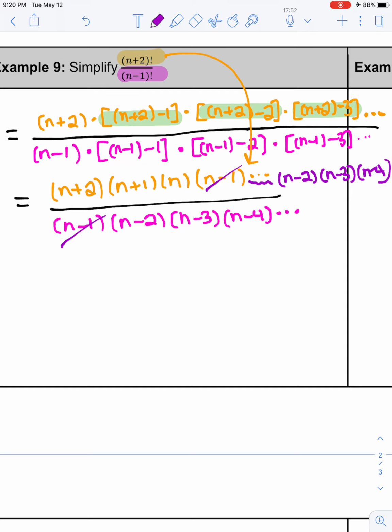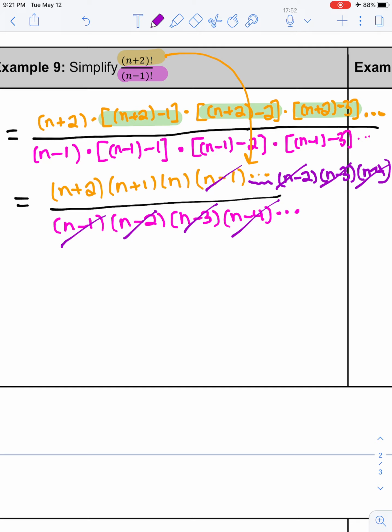But writing that out or bringing that to our attention maybe makes us feel a little bit more confident in the fact that we can go ahead and reduce or cancel these common factors between the numerator and the denominator. Okay, those are all shared between the numerator and the denominator, so we can divide those out.